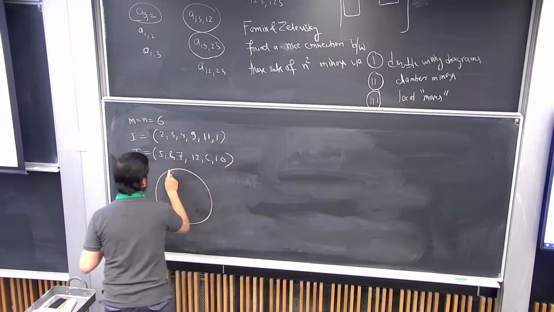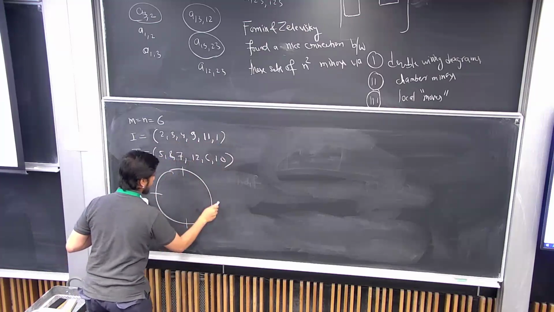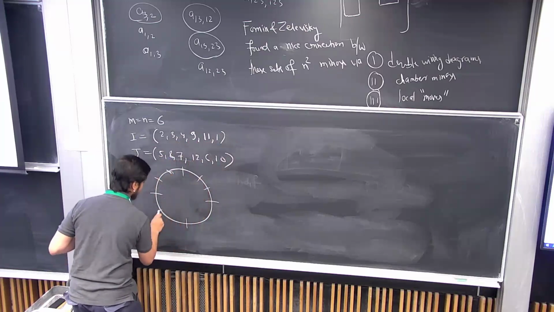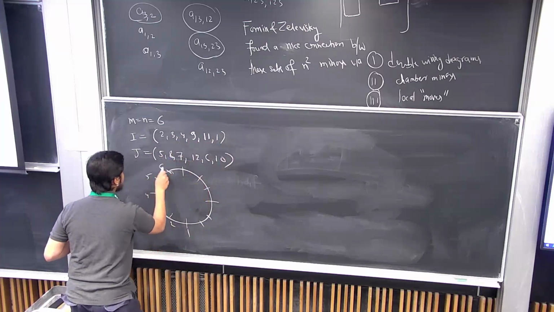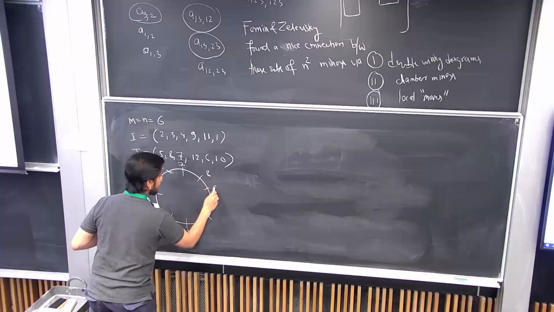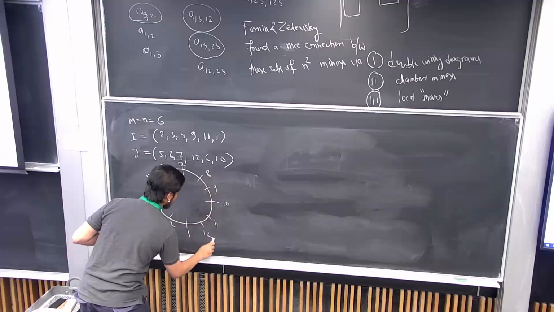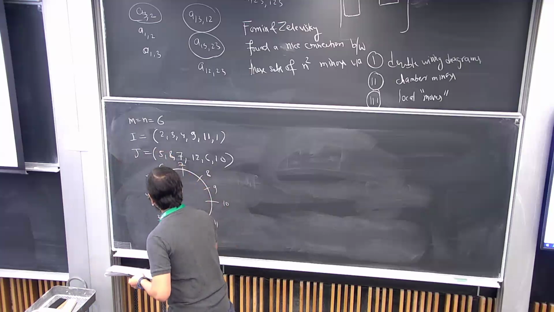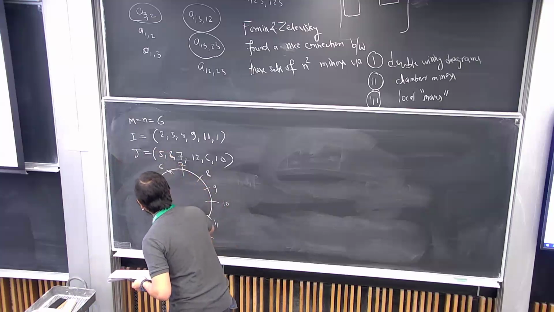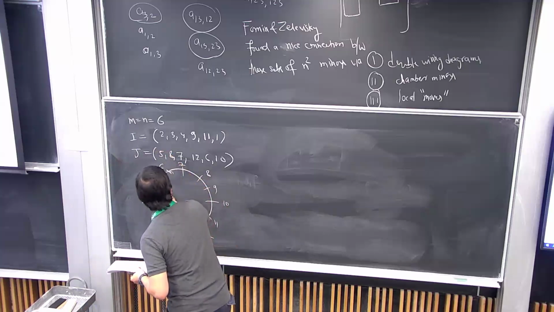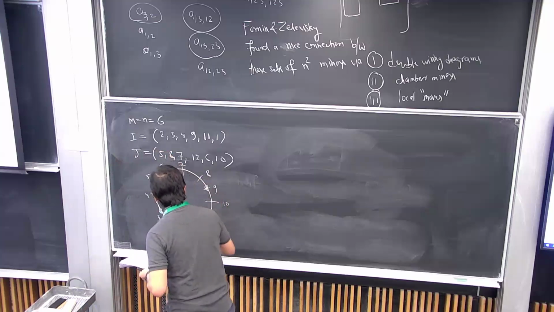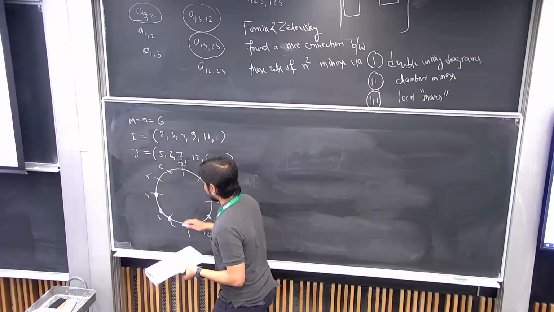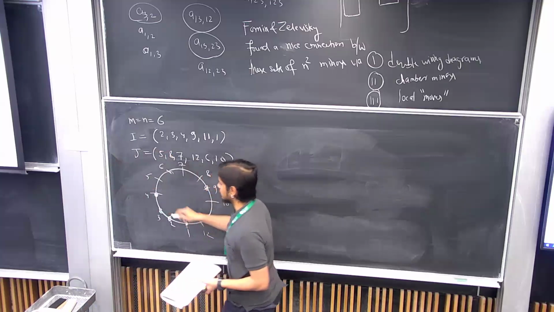So we draw the circle. 1, 2, 3, 4, 6, 7, 8. So we have 2 as I, 3, 4, 11. So now we can see that we cannot separate the elements of I and J by drawing a chord anywhere.